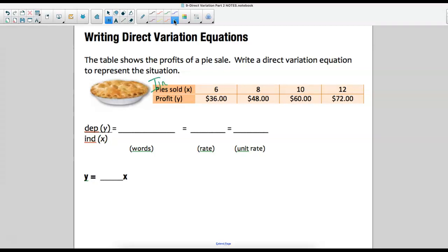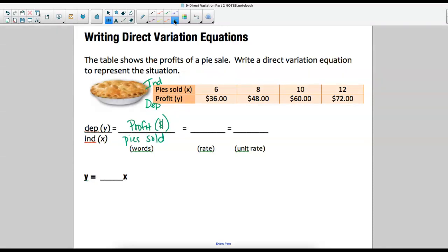In the table, the independent's always on the top, dependent is on the bottom. So in words, the dependent variable is the profit or the money. The independent variable is the pies sold.